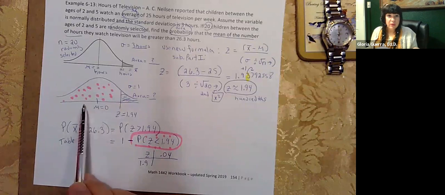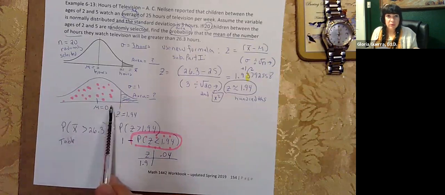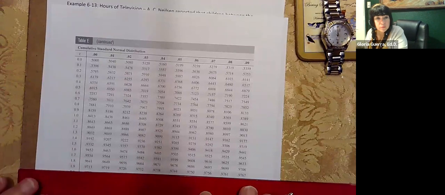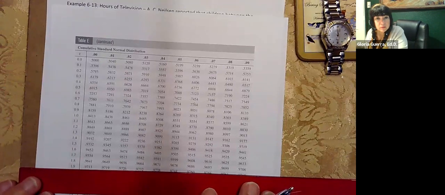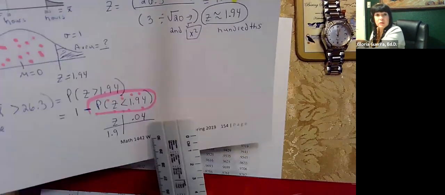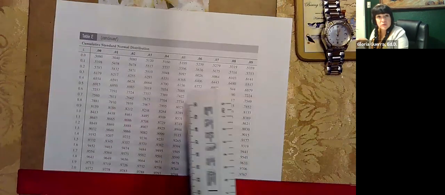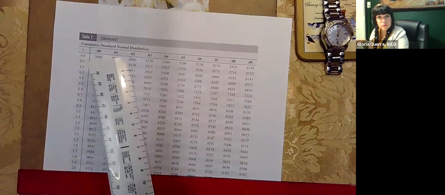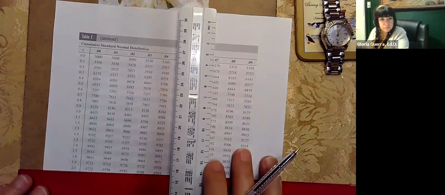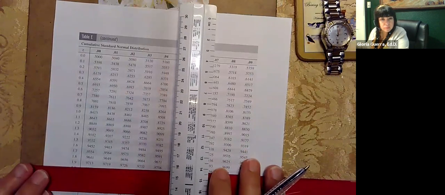If you were using the negative, it'd have to be to the left of mu, but this is to the right of mu, so it's 1.9, and then that 0.04.